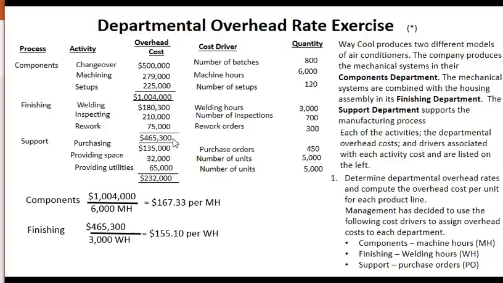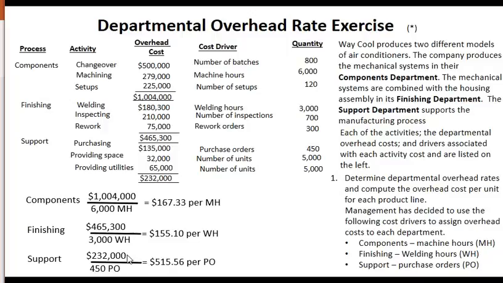In terms of finishing, we had $465,300 worth of overhead cost, and again, we set up welding hours as our cost driver. So we divide the $465,300 by our 3,000 welding hours, and that comes out to $155.10 per welding hour. For support, our total overhead cost is $282,000.